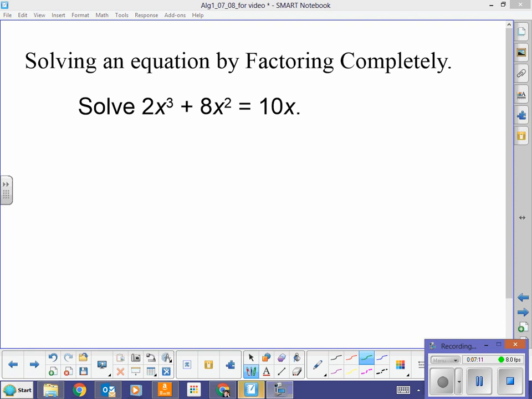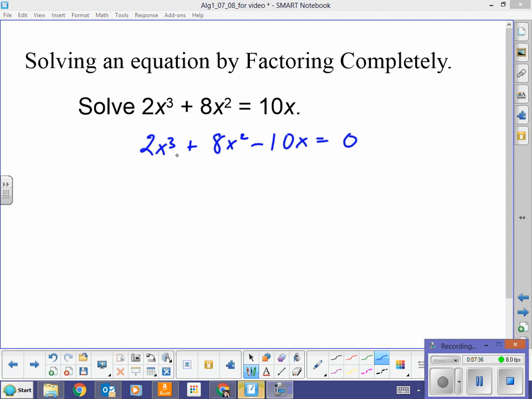Okay, let's solve an equation by factoring completely. So what I have to do here with this example, it looks like I'm going to have to set one side equal to 0. So I'm going to call this 2x cubed plus 8x squared minus 10x equals 0. And then I'm going to factor this left side.